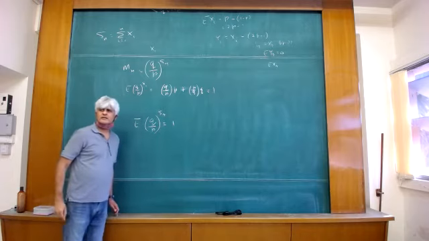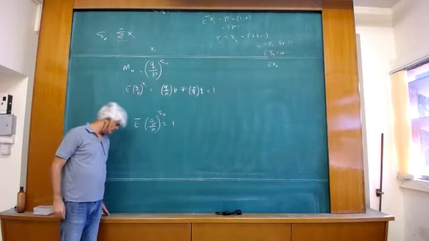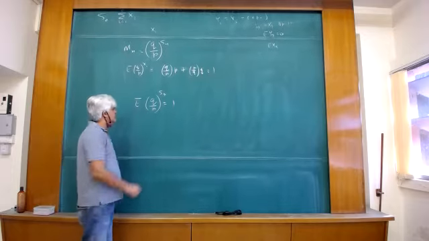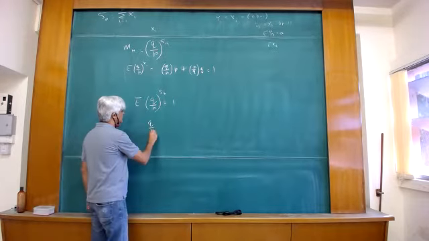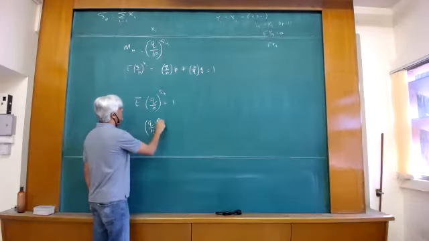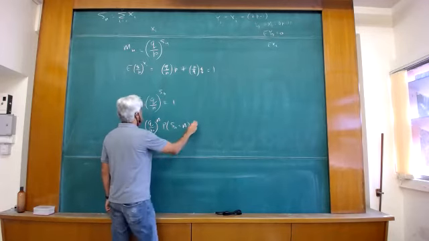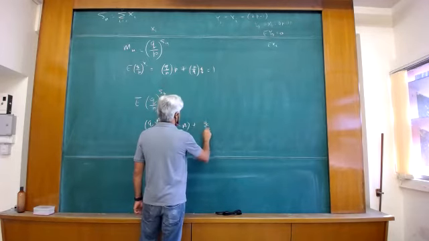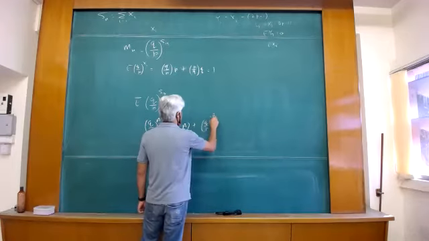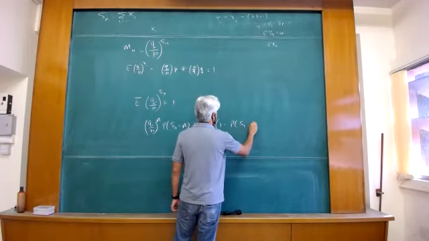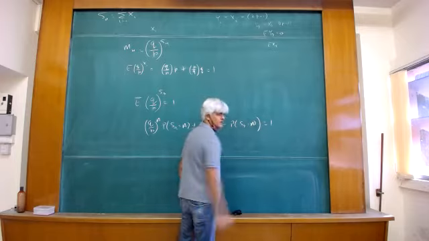Same argument as before, S tau can again take only two values. That's (Q/P) to the power A times the probability that S tau is equal to A, plus (Q/P) to the power minus B times 1 minus the probability of S tau equal to A, and that has to be equal to 1.